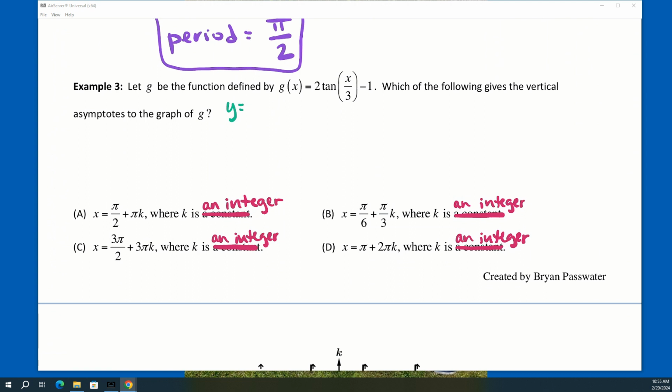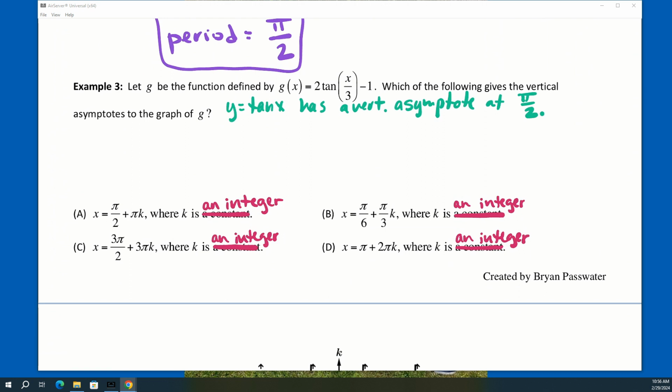So I'm going to jot that down. So just y equals tangent of x has a vertical asymptote at pi over 2. But if this one has any kind of horizontal change, that vertical asymptote is going to be moved.